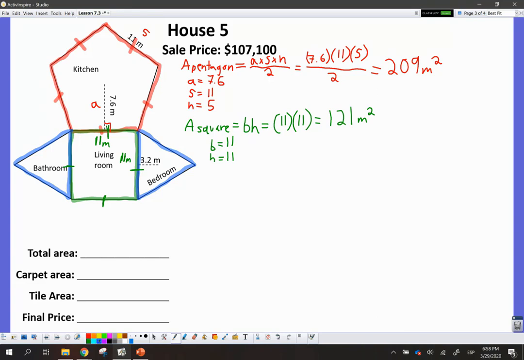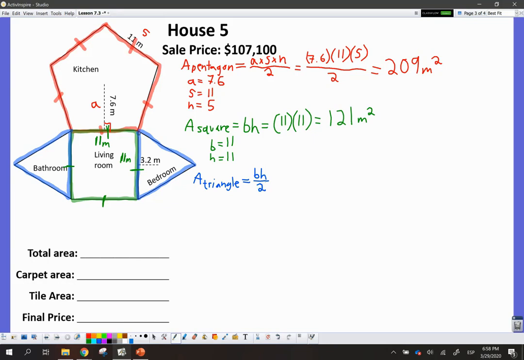So finally, we have the last shape, which is the triangle. So I'm going to put area of triangle. And I know that the formula for the area of the triangle is base times height divided by 2.